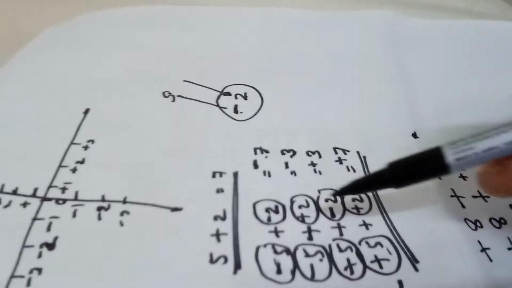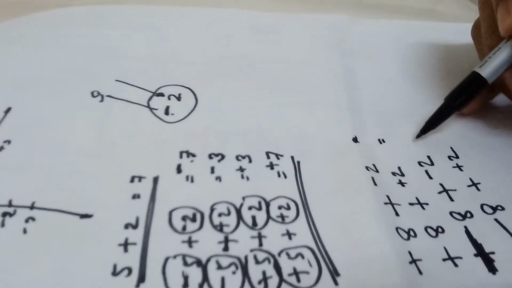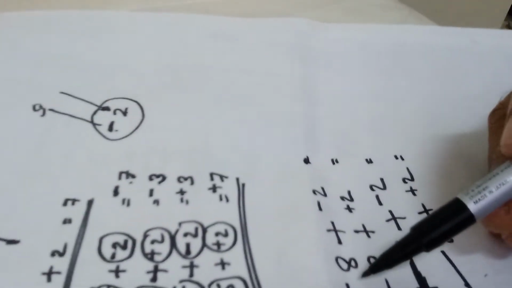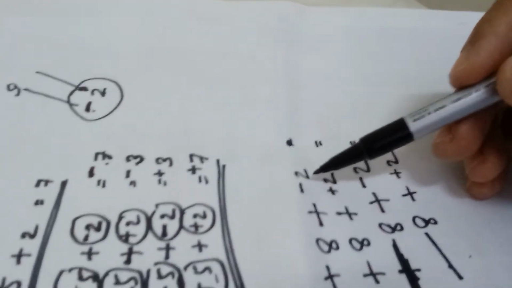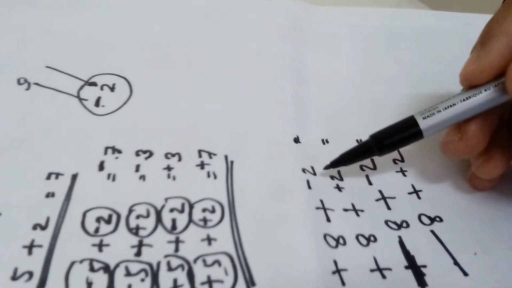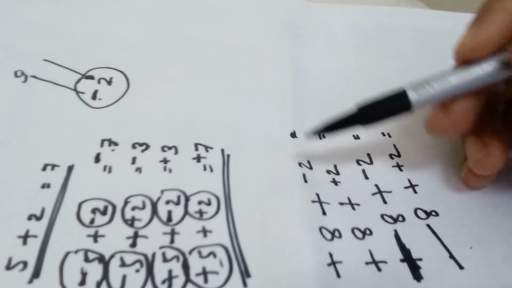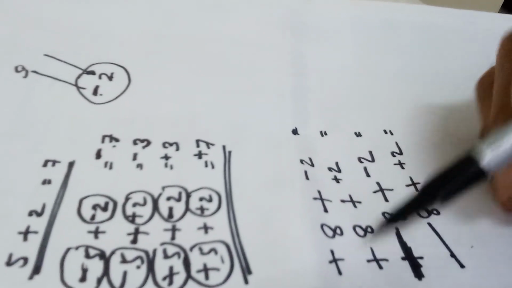Look at this one and add this one. You do it yourself. Here is plus 8, here is minus 2. Both have different signs, so the answer is obtained by subtracting the numerical values and giving the sign of the bigger value number.